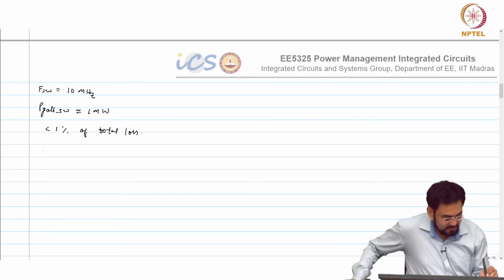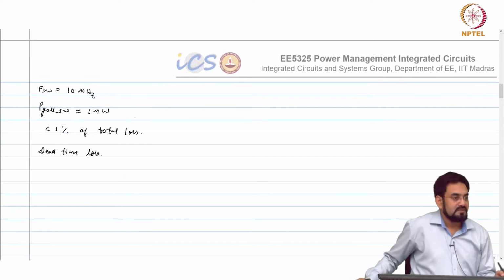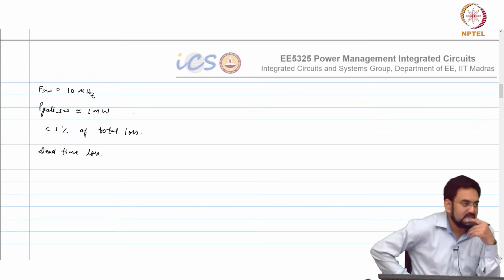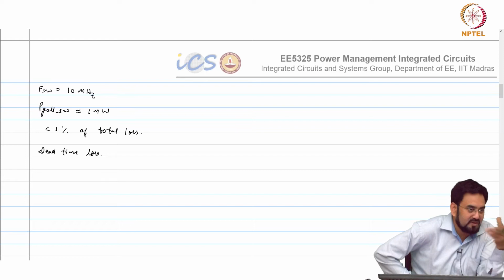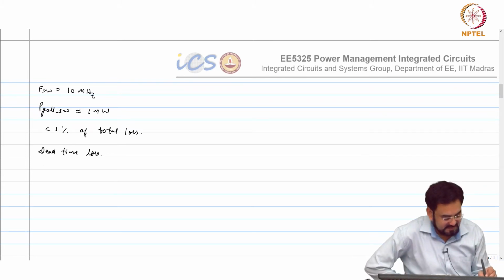So, dead time loss. Usually you keep 1 to 2 nanosecond. So, let us say T dead equal to 2 nanosecond, and FSW equal to 1 megahertz.